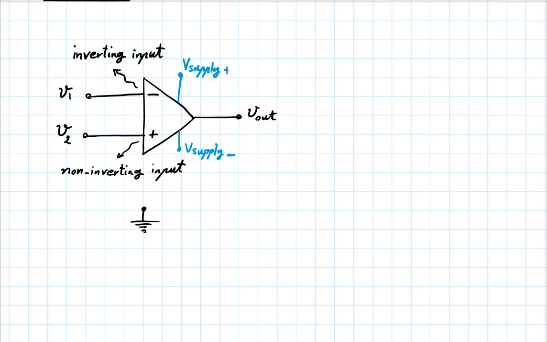So you turn on the op-amp by making these connections. And for the most part, when you're using the op-amp in doing something within the circuit, you're not very actively thinking about the fact that you have plugged it in and turned it on. The same way that when you represent a voltage source, you're not thinking about the fact that maybe it's plugged into the wall. So very often in a circuit, you might see the op-amp without these shown explicitly.